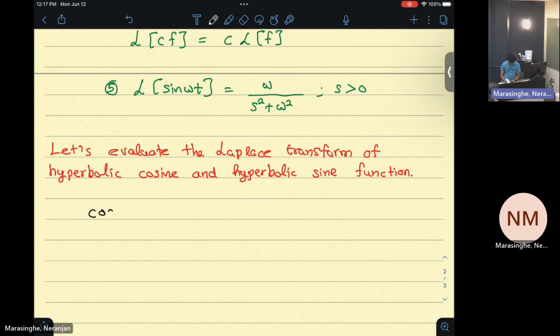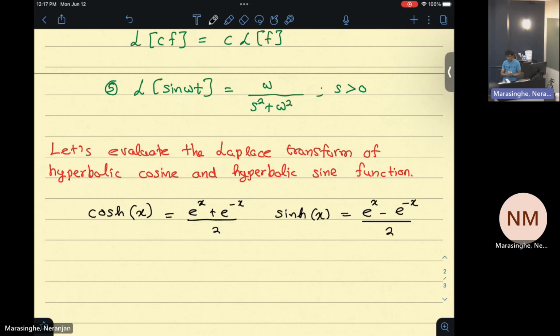What is the definition of hyperbolic cosine? Can you remember the definition of hyperbolic cosine? It would be e to the x plus e to the minus x divided by 2. Hyperbolic sine x would be e to the x minus e to the minus x divided by 2.